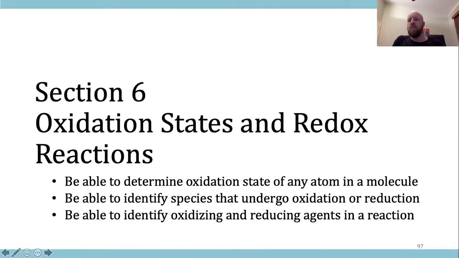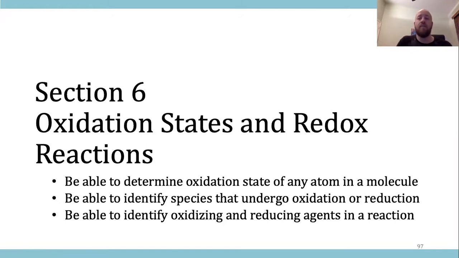All right, so this is really our last segment, oxidation reduction. What I want you to be able to do is determine oxidation states of any atom in a molecule. This first one should sound familiar. This is pretty much what I had you do on the nomenclature quiz. The stuff at the very bottom was determining those oxidation states.